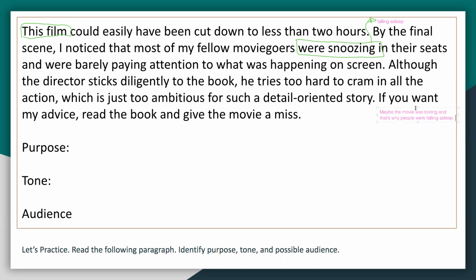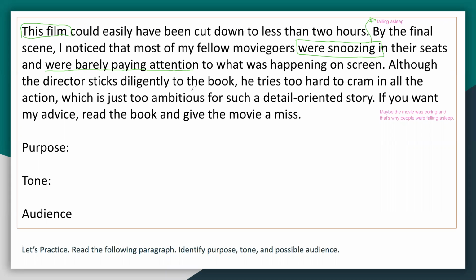In their seats, and were barely paying attention. Yeah, this movie was definitely not a good movie. If you're not paying attention to a movie, if you are snoozing, then obviously the movie's not good. And all the thinking that I'm doing is a part of me being an active reader. So what was happening on screen?